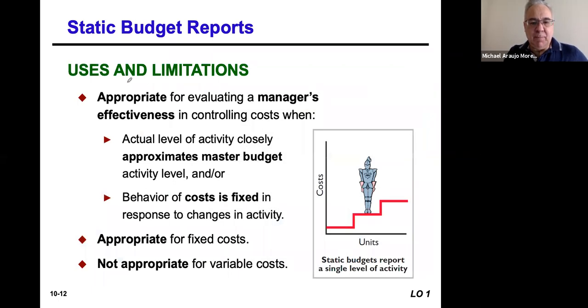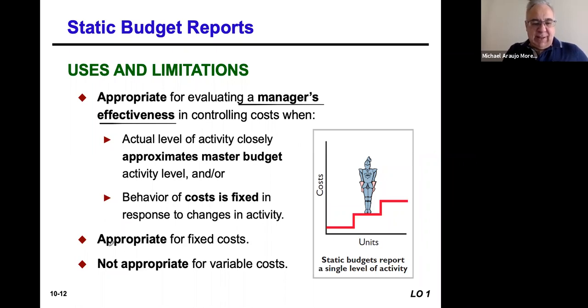So let's take a look at how we use a static budget and what the limitations are. Static budgets are often used to evaluate how a manager is doing in controlling costs. This has some issues with it, but this is common. If you're going to be a manager, particularly in a production or other facility, you're going to get used to this static budget report, and part of how your job is being evaluated is whether your favorable, unfavorable ratings are appropriate.